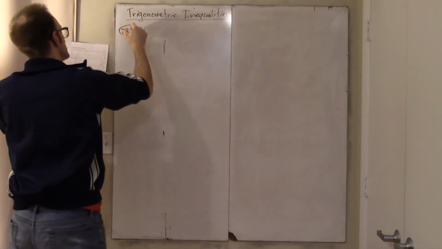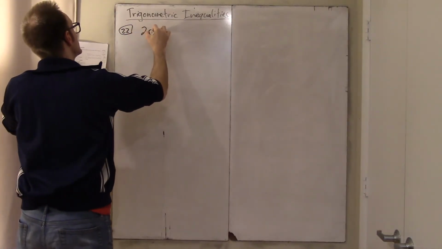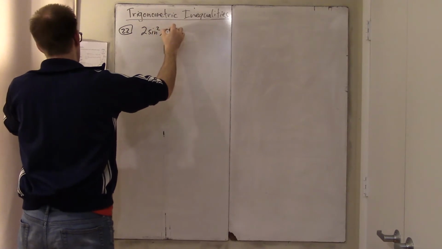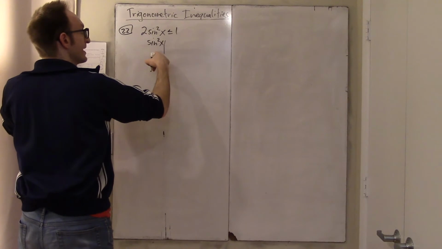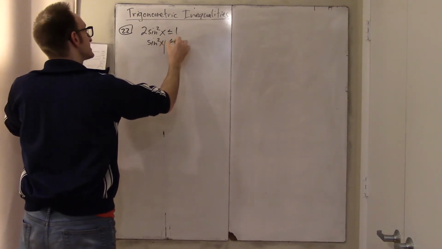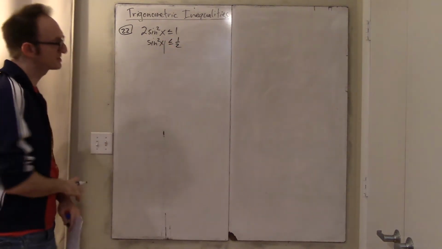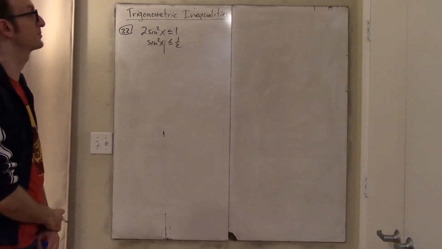Problem 22 says 2 sine squared x is less than or equal to 1. Immediately I'll rewrite this as sine squared x is less than or equal to 1/2. Well, actually, this turned out to be almost exactly like the previous problem.